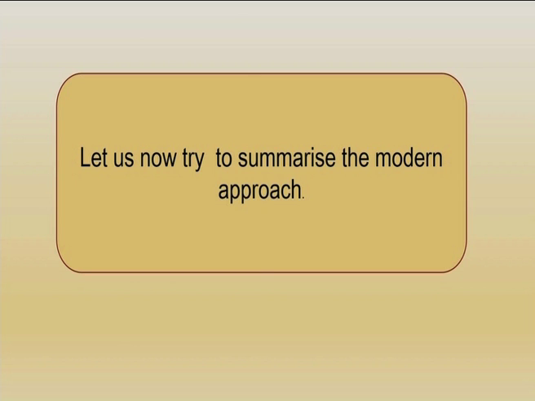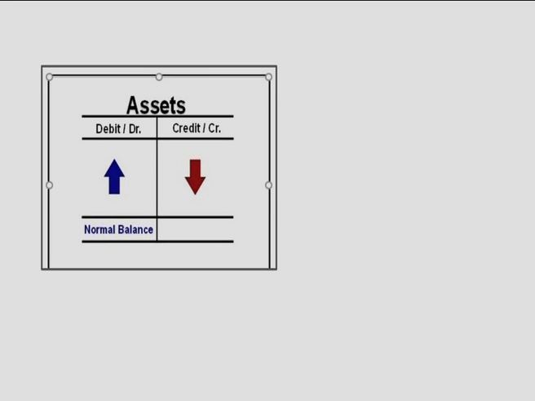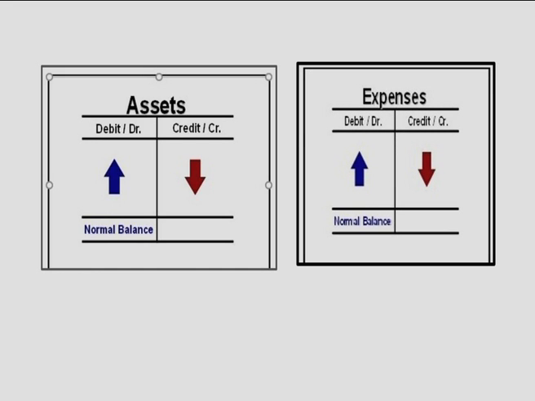Now let us try to summarize the modern approach. First one is asset. When there is increase in assets, it will be debited. When there is decrease in asset, it will be credited. Then expenses. When there is increase in expenses, it will be debited. When there is decrease in expenses, it will be credited.